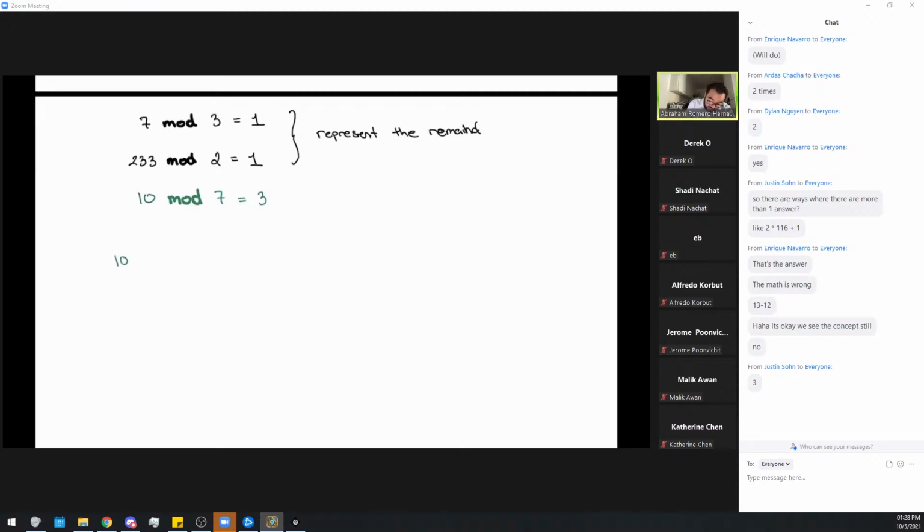Because if you take 10 divided by 7, 7 goes into 10 once, subtract, you get 3. So your remainder is 3. What is the remainder of 25 mod, let's say, 6?